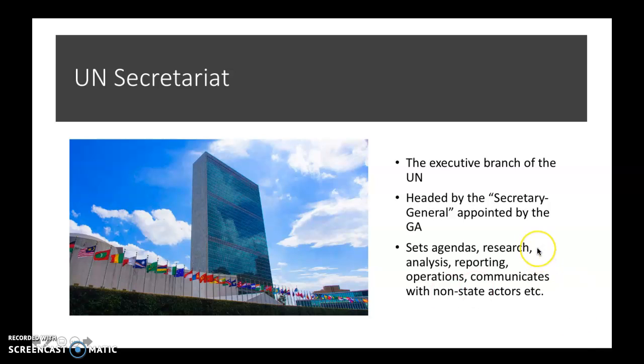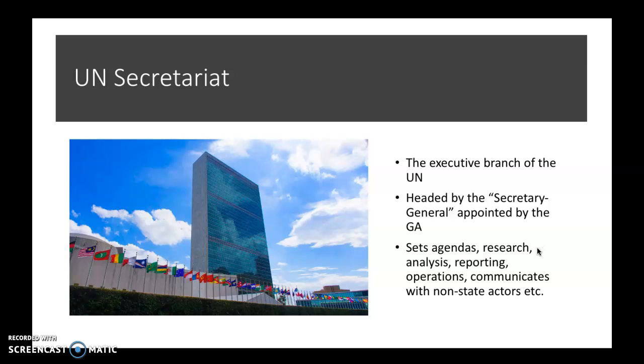This particular individual is appointed by the General Assembly, and this person oversees much of the bureaucracy of the United Nations. So the UN Secretariat is in charge of all sorts of things that are necessary to making sure that the United Nations is able to realize its goals.